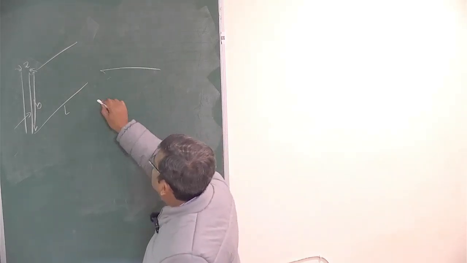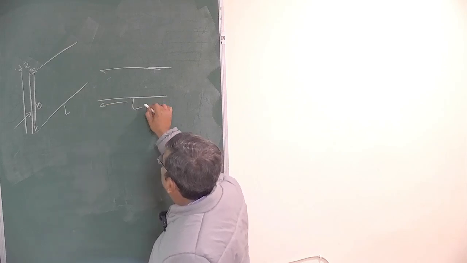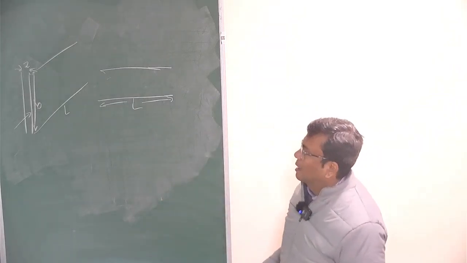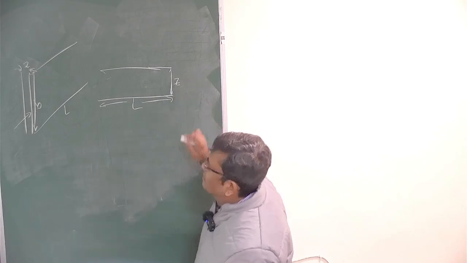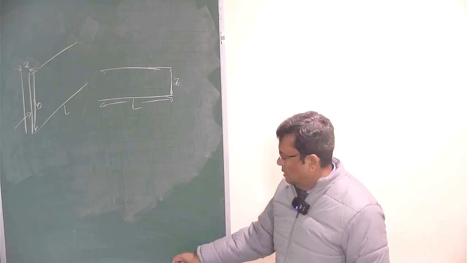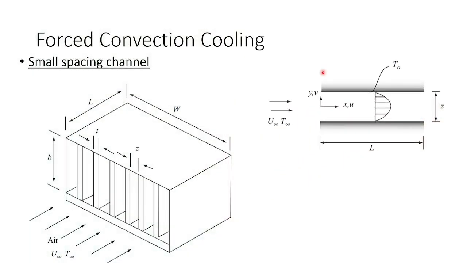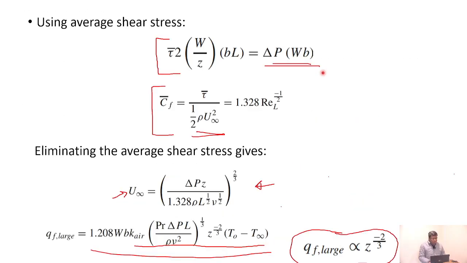This is the flow direction in which it's L, and this is Z. Right. So with this geometry information, tell me whether this is okay.